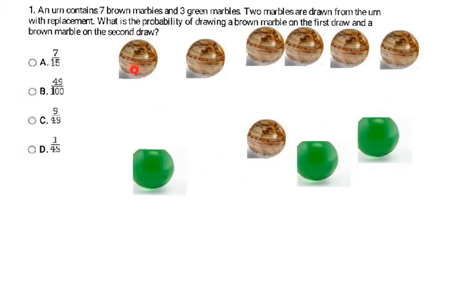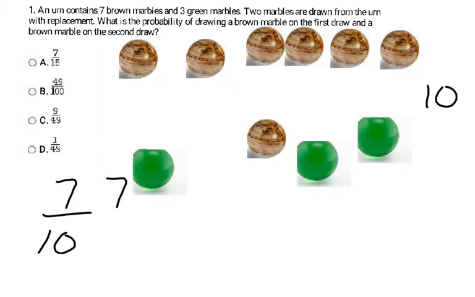So this is what's in the urn. And so I have 7 brown and 3 green. So that means I have 10 marbles total. So the probability of picking a brown marble in the first draw, I have 7 brown marbles out of 10 total marbles. Okay, I put that marble back in, so I still have 10 marbles in my urn for the second draw.